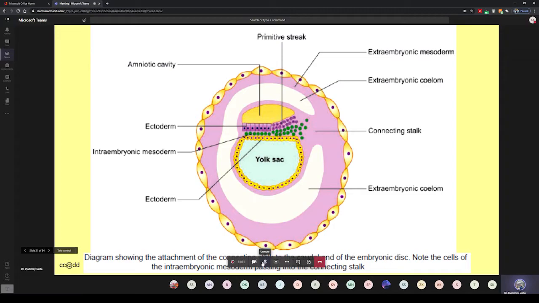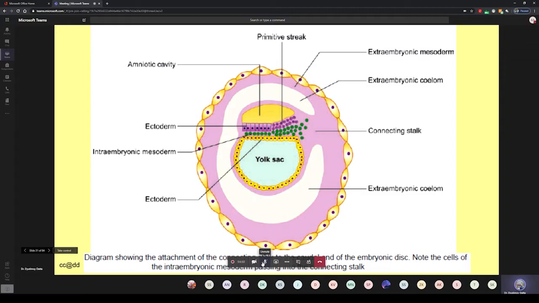Don't worry, that is nothing but the trophoblast cells. Inside that outer yellow lining, you can see purplish material, and you can see it is labeled as extra embryonic mesoderm. Correct? It is extra embryonic mesoderm that has developed extra embryonically, that has not got to do with the embryo, that has got to do with the trophoblast.